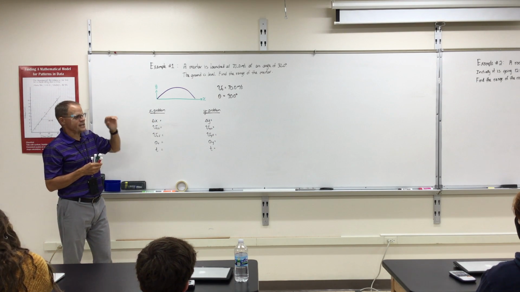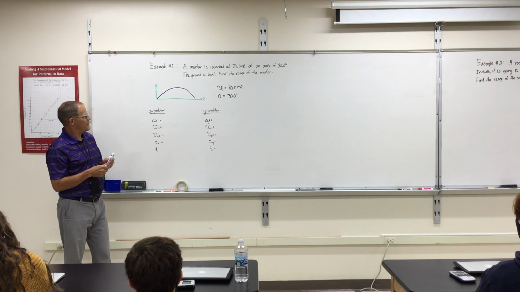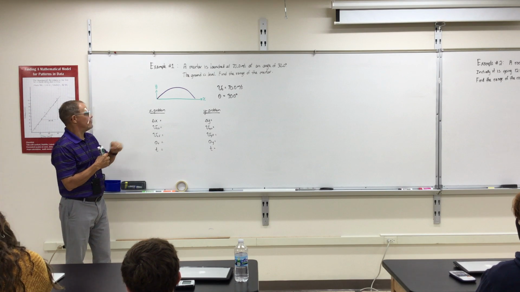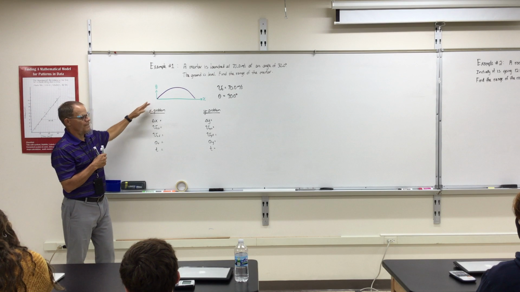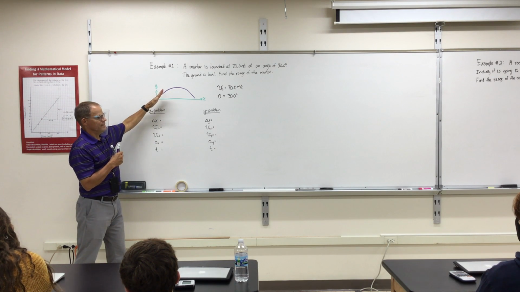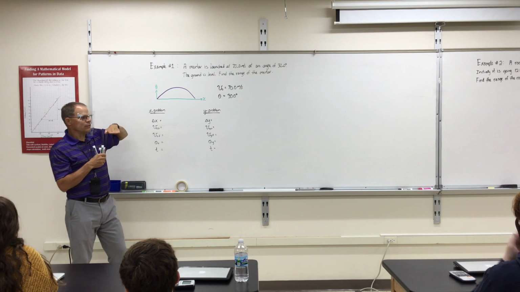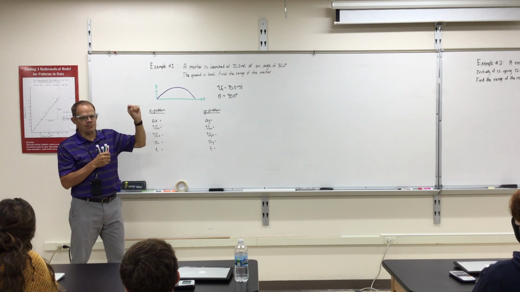Any volunteers? Yes, Ben. The initial velocity of y is 0. It's not. At the beginning of the problem, is this thing moving sideways, horizontally? It's not. It's moving at an angle, right? If I launched it horizontally at the beginning of the problem, it wouldn't be moving up or down.